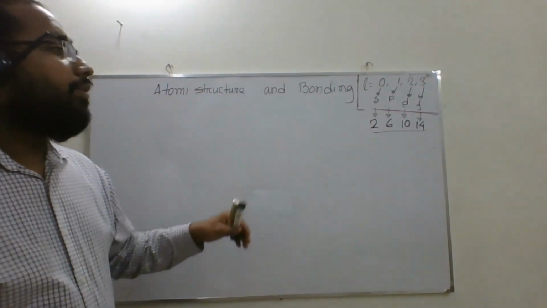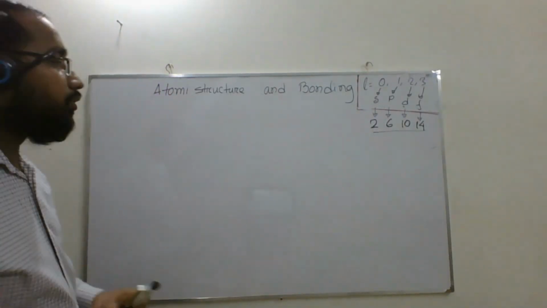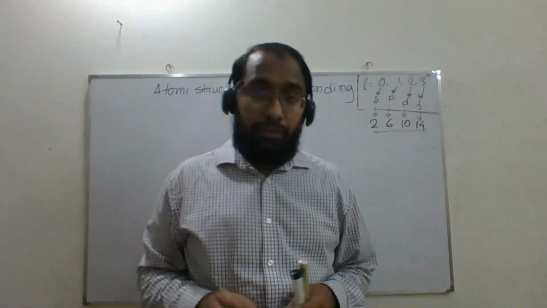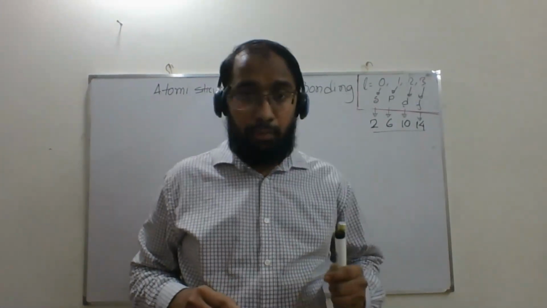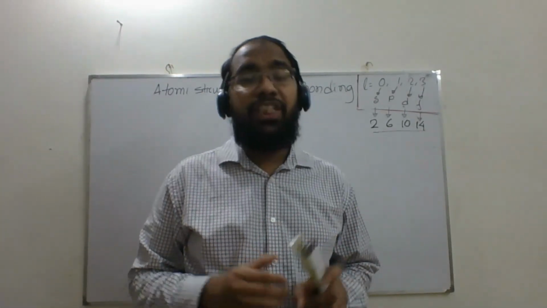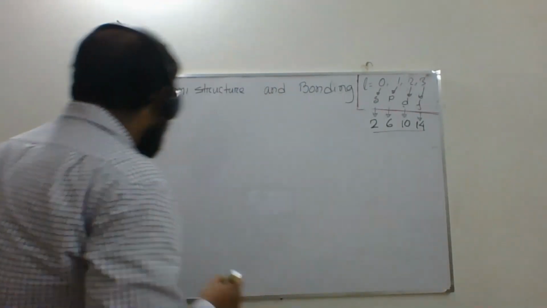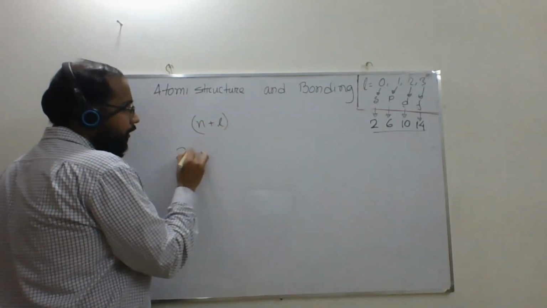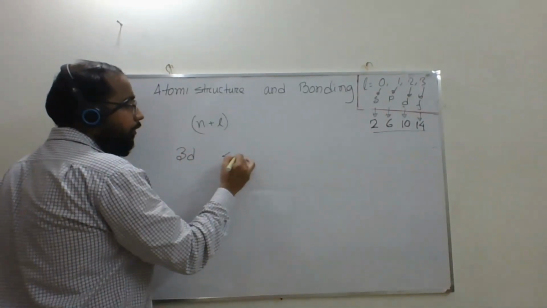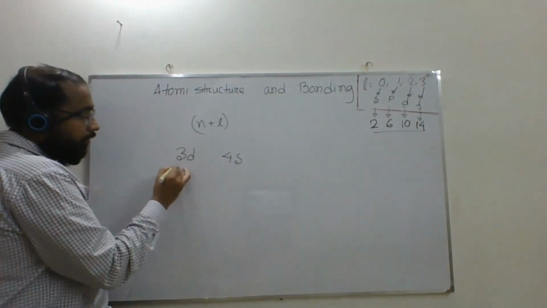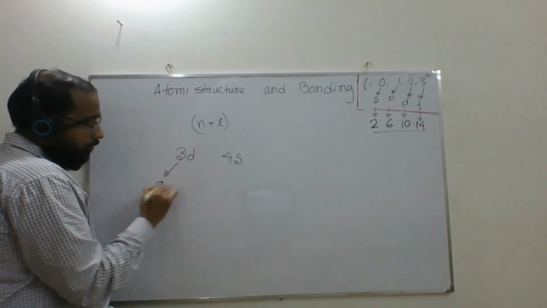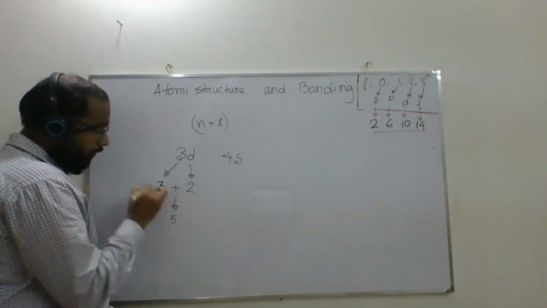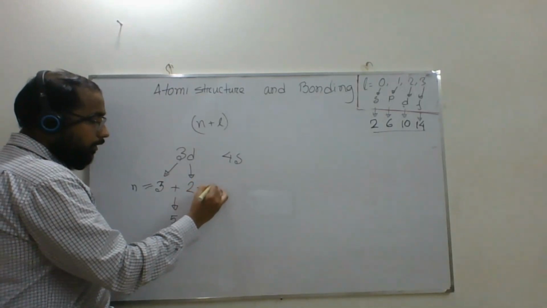Now according to these principles, we arrange the orbitals. Electrons will occupy the lowest energy level first, then go to the higher energy level. How do we determine which energy level is lowest? For this we consider the n plus l value for each orbital. Like 3d and 4s: for 3d, n equals 3 and l equals 2, so 3 plus 2 equals 5.